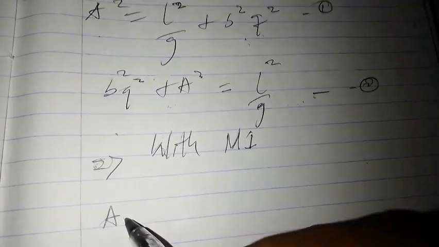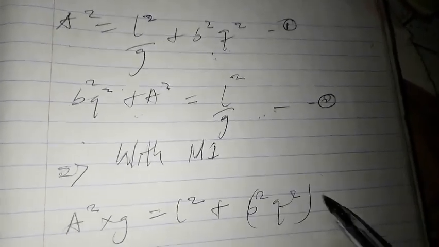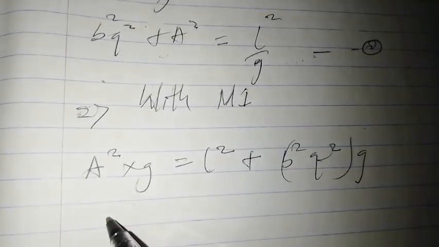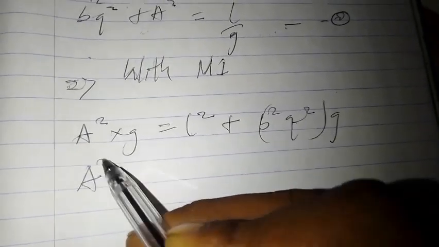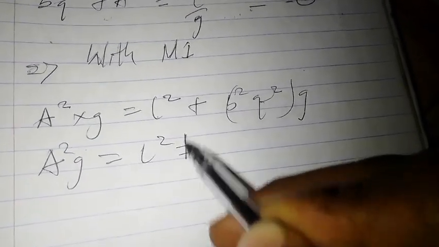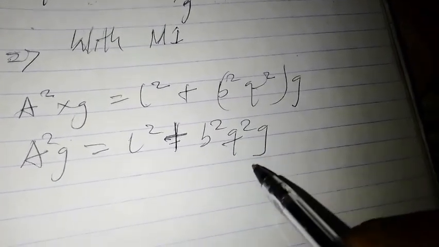So A squared times G, we are multiplying through by G, is equal to L squared plus B squared Q squared multiplied by G. The reason why L wasn't multiplied by G was because if I multiply L by G, it will cancel out. Good. So I have A squared G equals L squared plus B squared Q squared G.